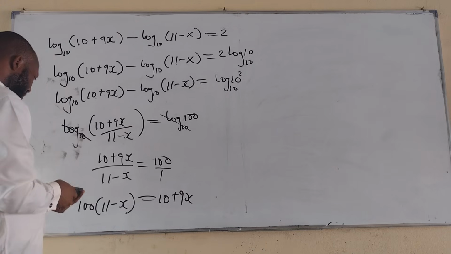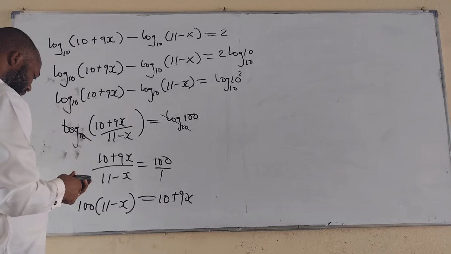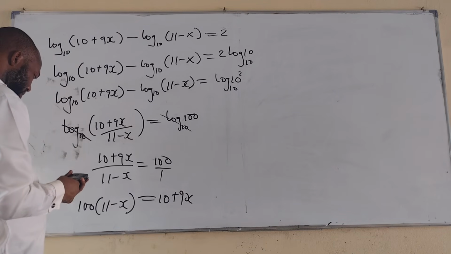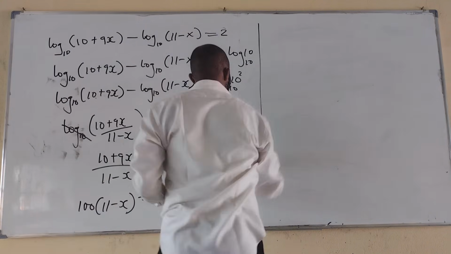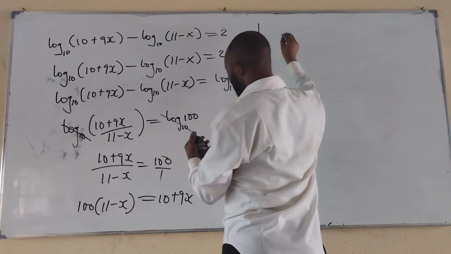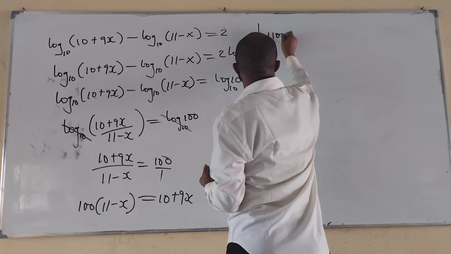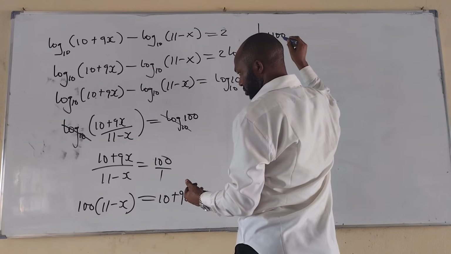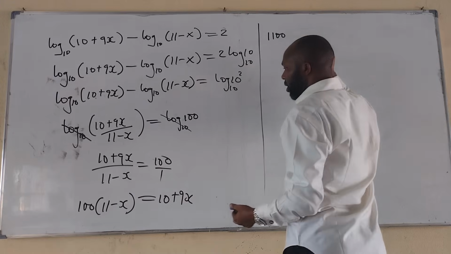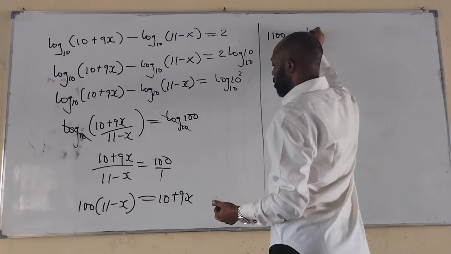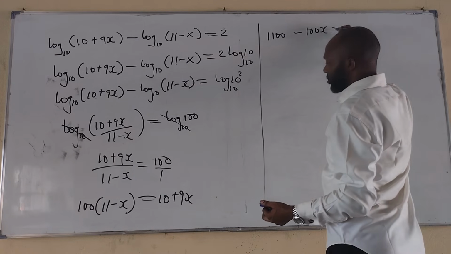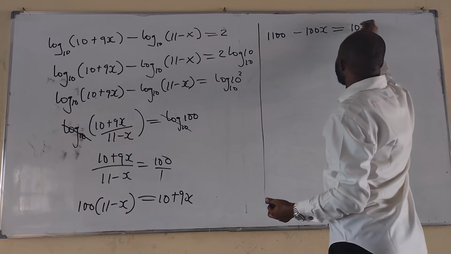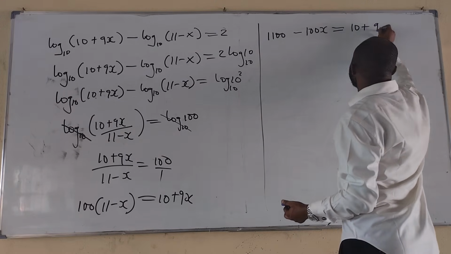My 100 times 11 is 1100, times this other one, minus 100x, is equal to 10 plus 9x.